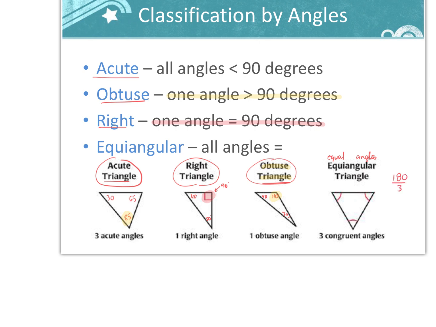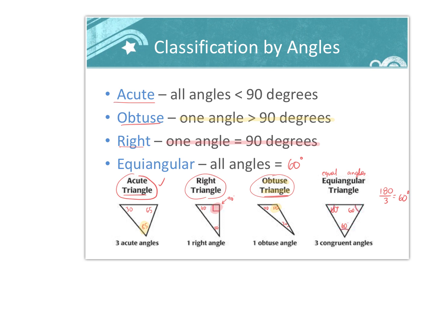So if all three are the same, that means that each of these angles is 60 degrees. Every equiangular triangle has three 60-degree angles in it. And so all angles equal 60 degrees. Okay, so if you notice, 60, 60, and 60 are all acute angles. So an equiangular triangle is also an acute triangle. But again, the best name for it would be equiangular.